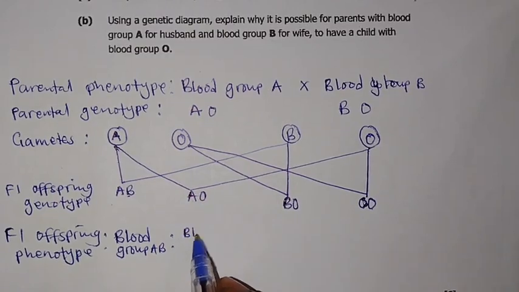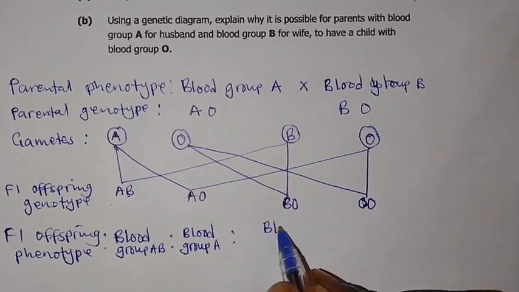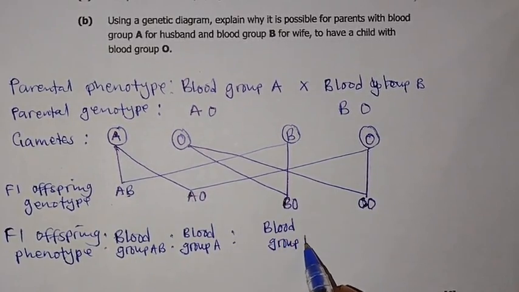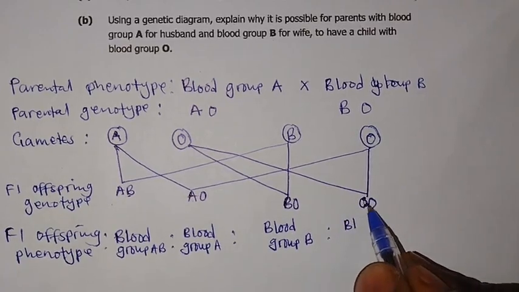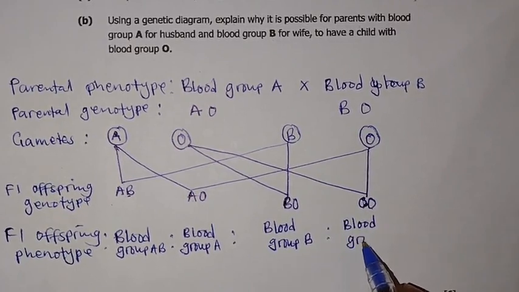A. So just write blood group A. Again, this one's just the same. So this is blood group B. Then this one, the genotype is OO. So this child was blood group O.